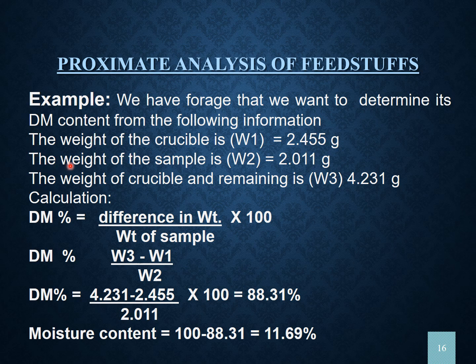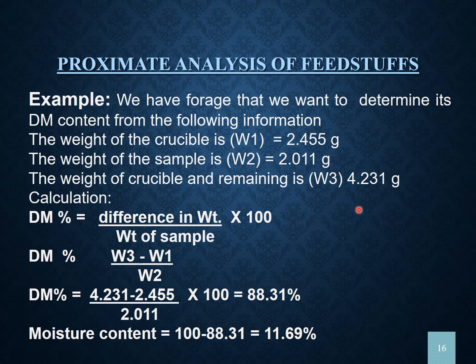The weight of the sample is marked by W2, equal to 2.011 grams. This is the sample before drying. Then the weight of the crucible and remaining sample after drying is W3, 4.231 grams.